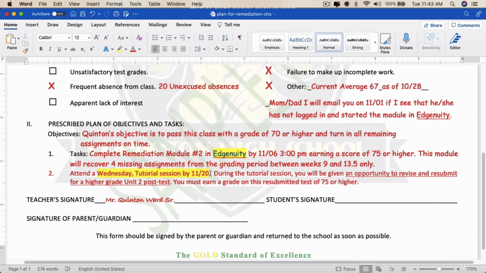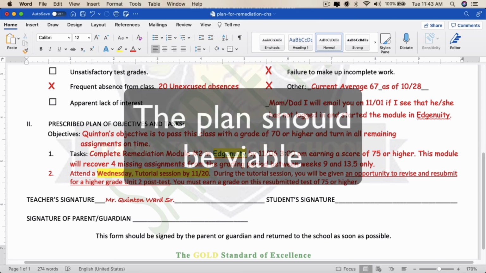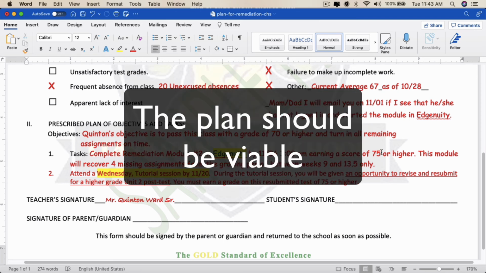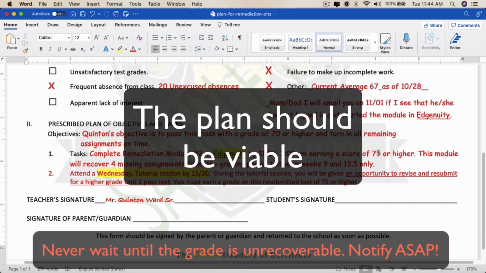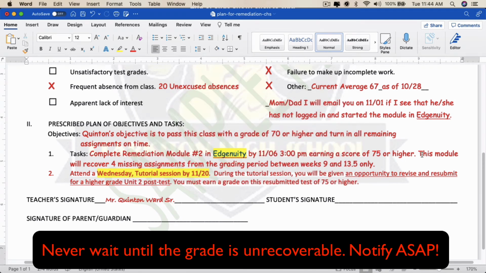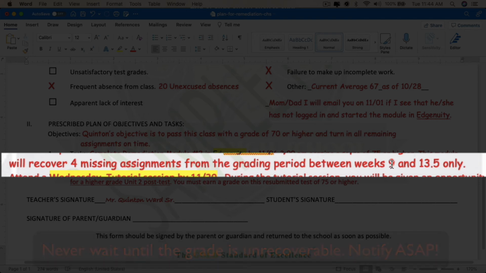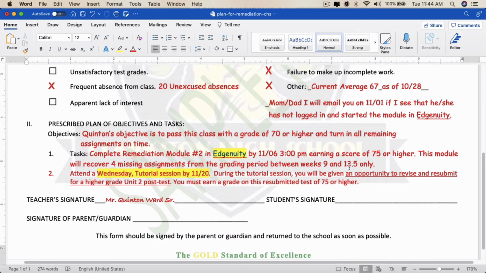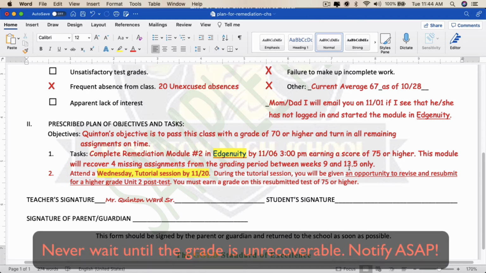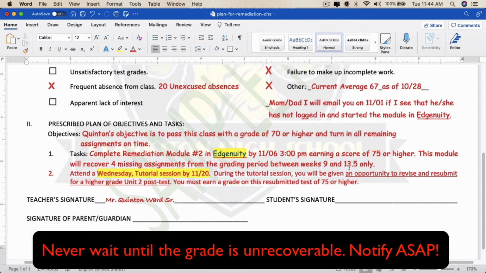So it's very important to say not only what you need to do and the time frame, but also the score you need to make in order for there to be results. We've also put that this module will recover 4 missing assignments from the grading period between weeks 9 and 13 and a half. This is a targeted remediation plan covering that grading period.